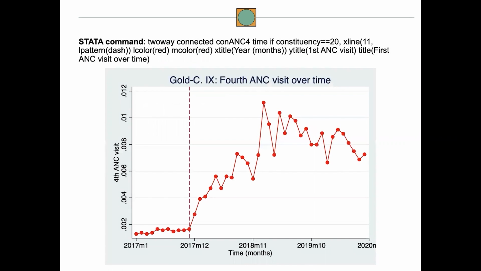So we went ahead and used the connected line dots, indicating our outcome and time variable, as well as the constituency of interest because we have multiple constituencies in our data set. We asked Stata to draw a red dashed line at November 2017, which is our time 11, so we know when the policy occurred.